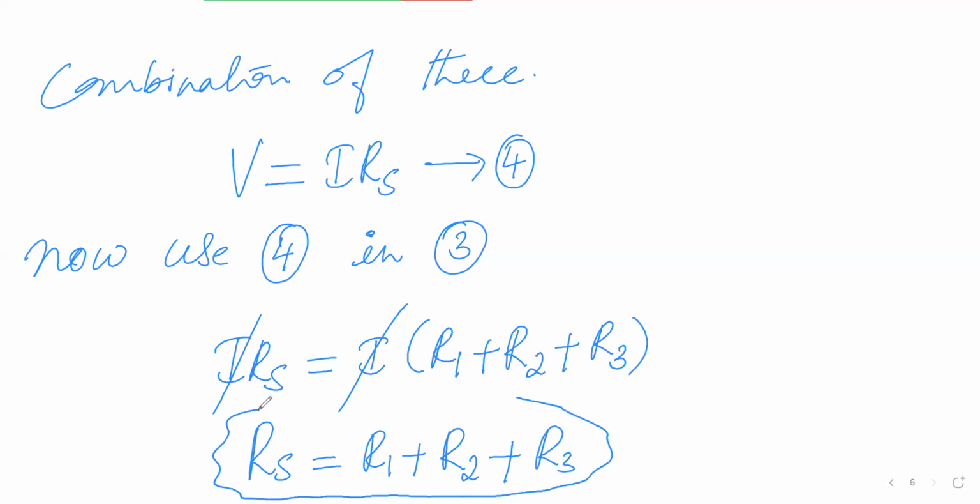This is the general, important formula used for the series combination of resistors. RS equals R1 plus R2 plus R3. We can call this a star, an important equation. Let me conclude here.